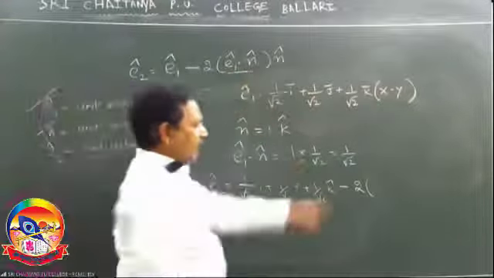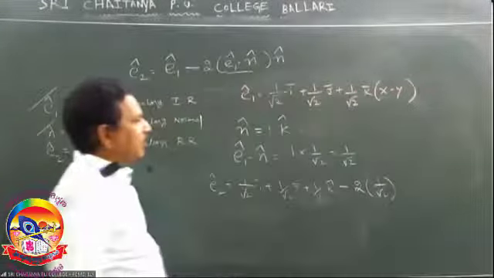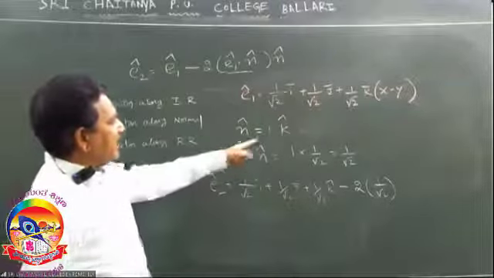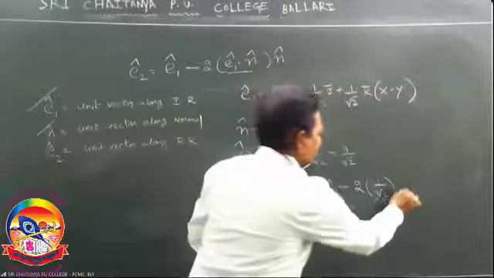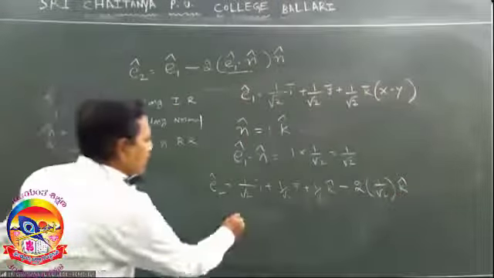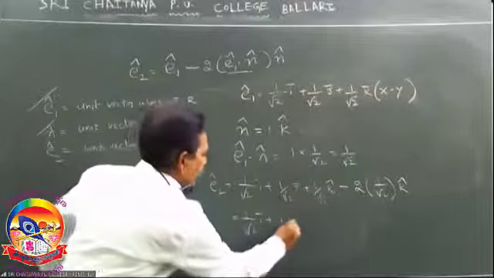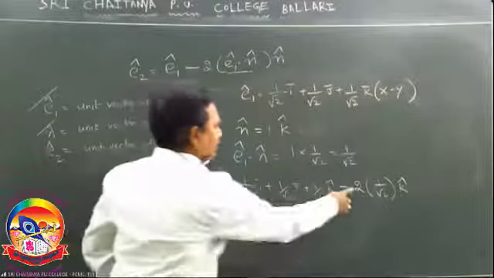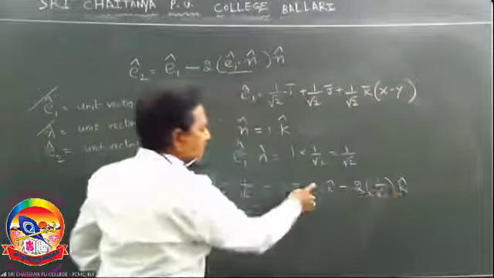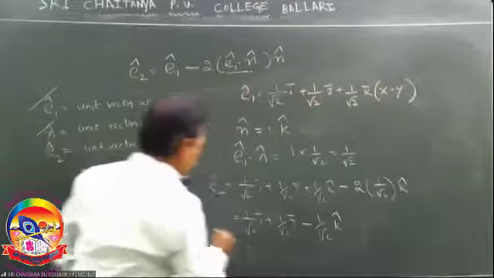The answer is 1 by root 2. 1 by root 2 into what is N cap once again? N cap is K bar. So it comes out to be 1 by root 2 I bar plus 1 by root 2 J bar plus 2 by root 2 K bar minus 1 by root 2 K bar minus 1 by root 2 K bar. Over, answer.